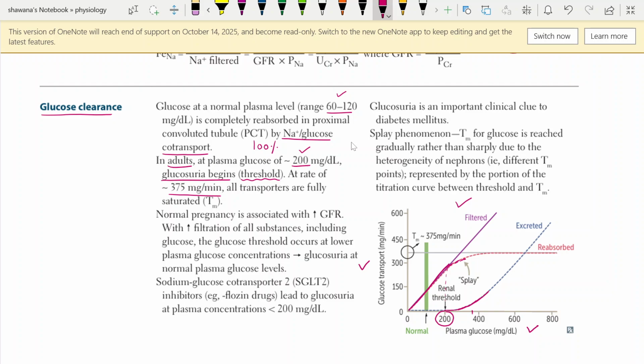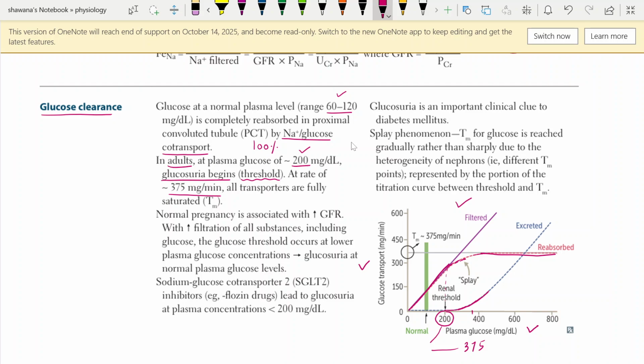And at the level of 375 milligram per deciliter, I have told you that some of the transporters were saturated at the earlier point, but at 375 all of the sodium glucose co-transporters are fully saturated, and then reabsorption stops because these transporters have reached their Tmax, transport maximum.